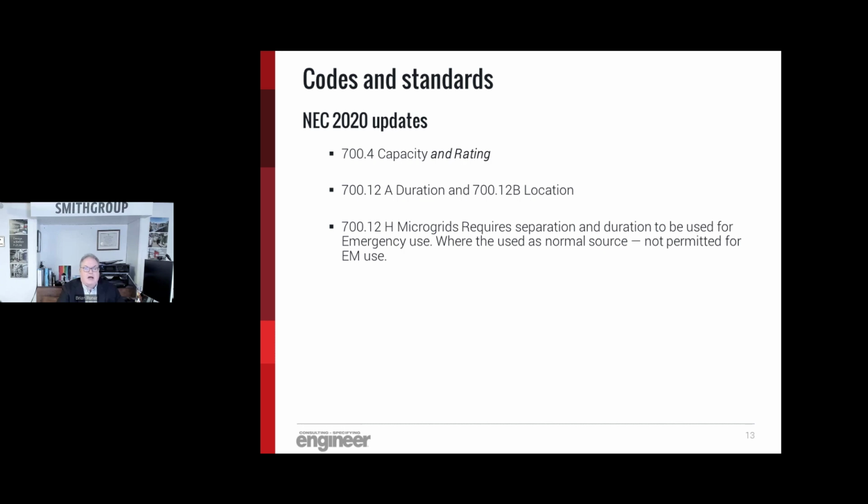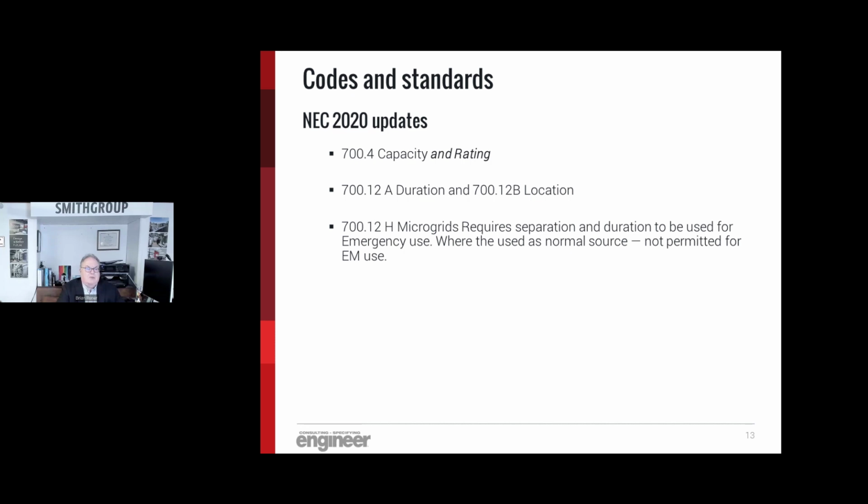700.12 separated out duration and location. Zach mentioned the class X or the duration. What the NEC does is it doesn't put specific times in its code, but it does tell you that you have to look at the specific hours necessary in an emergency situation for people, for the building to function and evacuation, for example, or for loads that need to run.